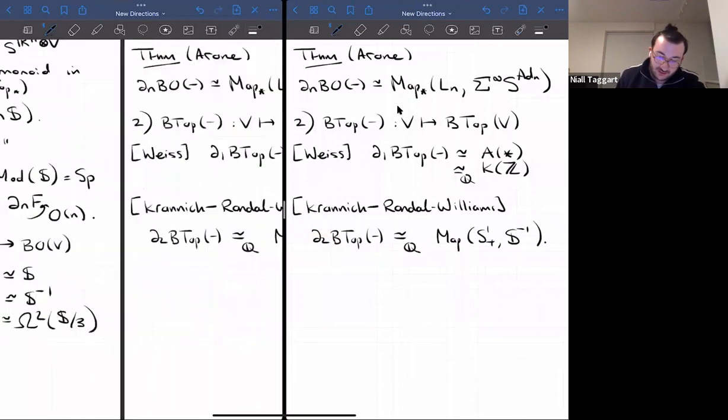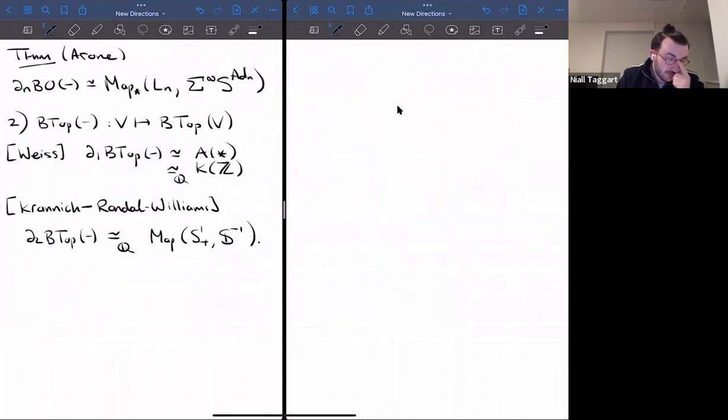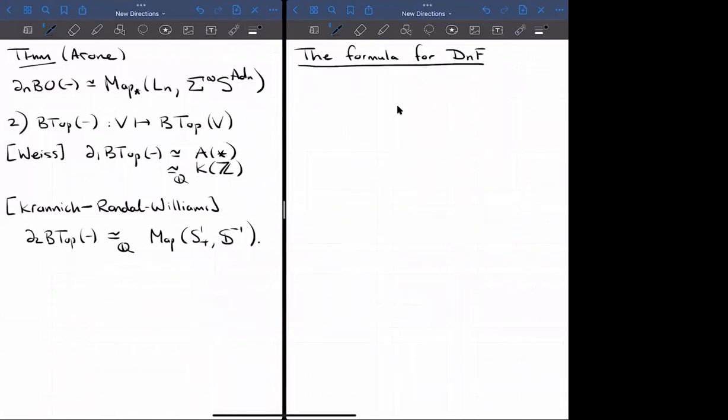So let me maybe say some things about the formula then for these D_n's that we have to start. Are there any questions at this point? Did you want to mention which monoid homomorphism you were doing change of monoids with respect to?